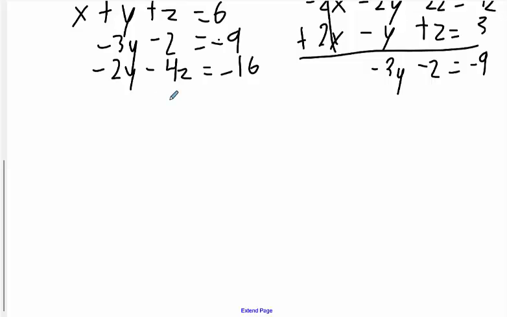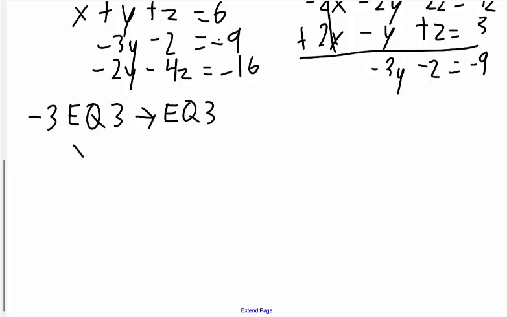Since this one's going to be bigger here, we're going to do negative 3 times equation 3, and we're going to replace equation 3. Let's just do this piece by piece because I think it's easier. So we have x plus y plus z equals 6.